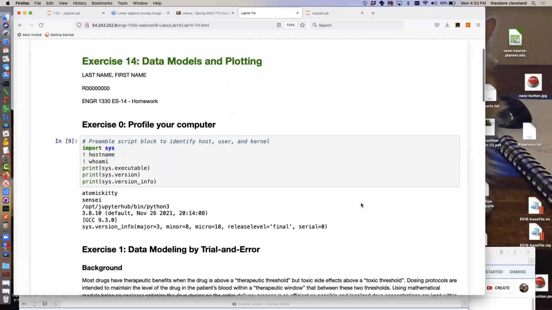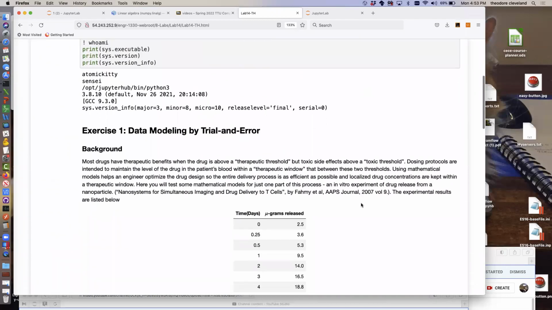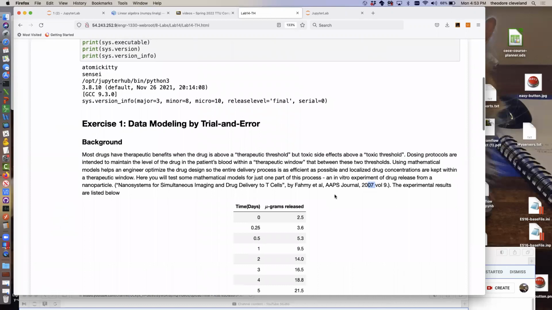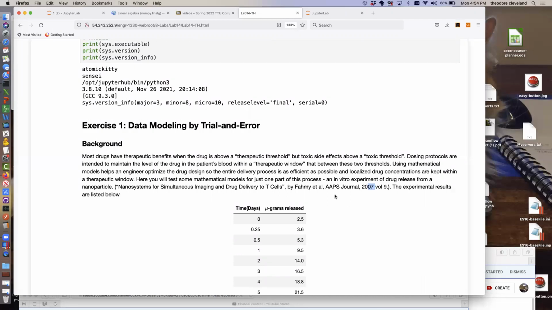I'm not trying to encourage you to become drug addicts. More importantly, this is somewhat real data from a real paper from 2007 when you guys were just a mere 19 years old, practically yesterday for you. So that's all these labs and exercises are for today.